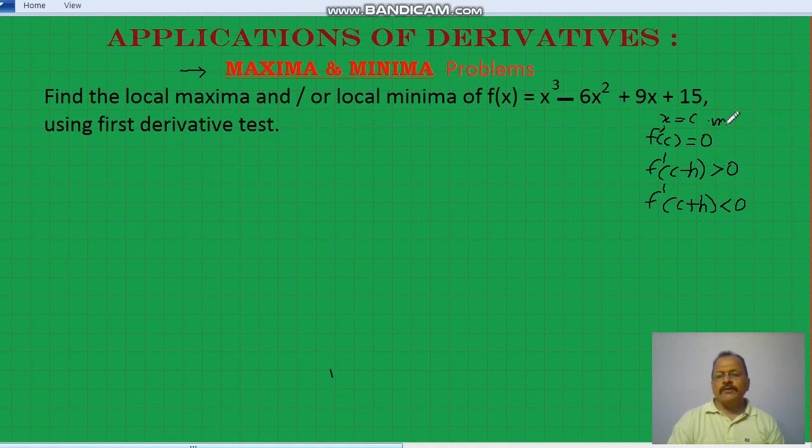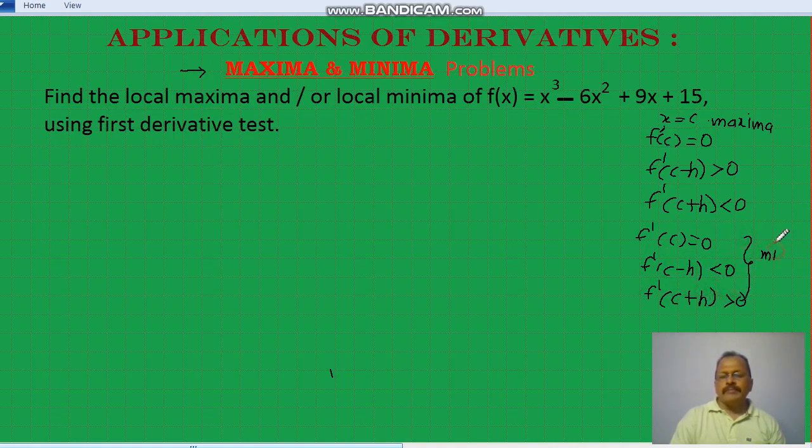Then we have maxima. And for minima, f dash c is equal to 0, f dash (c minus h) is negative and f dash (c plus h) is positive. This is for minima. Let us keep this in mind and solve this problem.